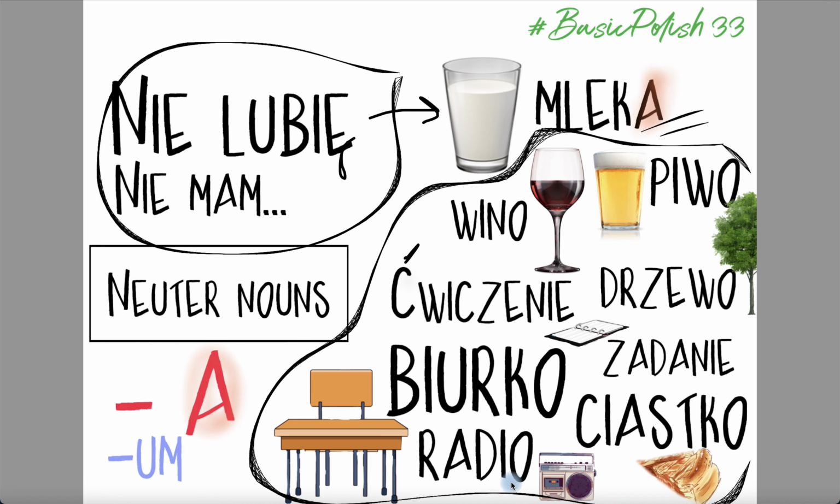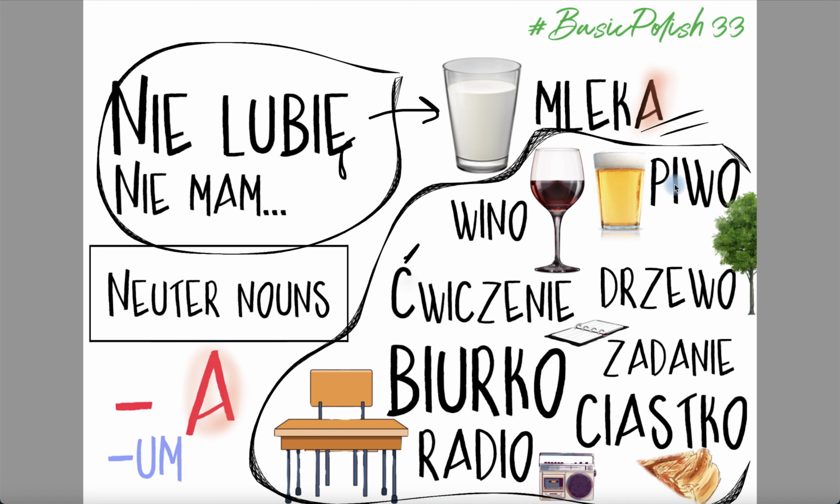Nie mam radia. I don't have a cake, or a slice of cake, actually. A piece of cake. Nie mam ciastka. So you can see that it's pretty easy. Just replace the last vowel with a, and there you go. You've got the genitive version of your neuter noun.